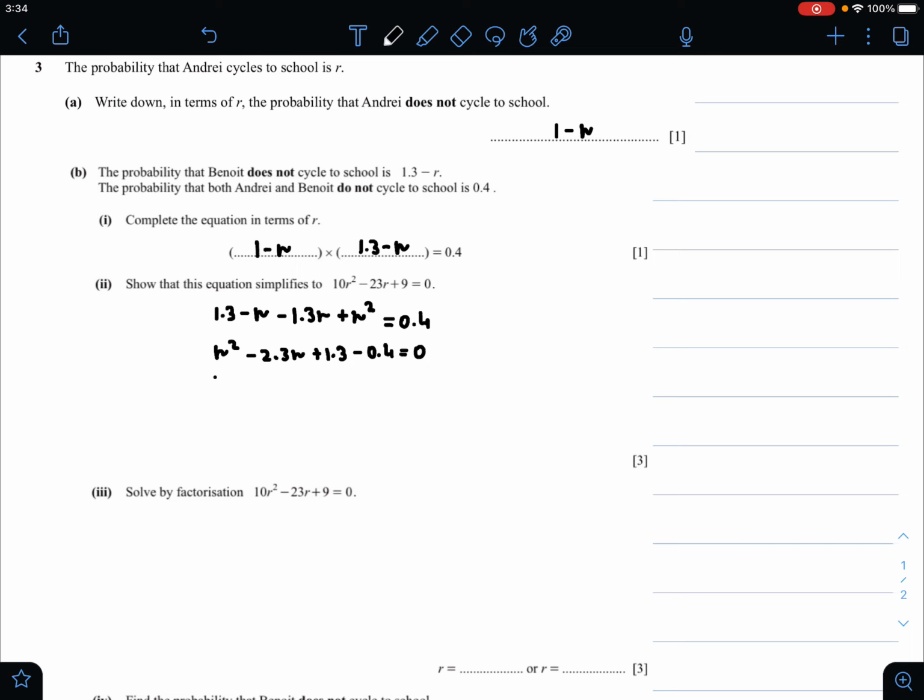So that is r square minus 2.3r plus 0.9, which is equal to 0.